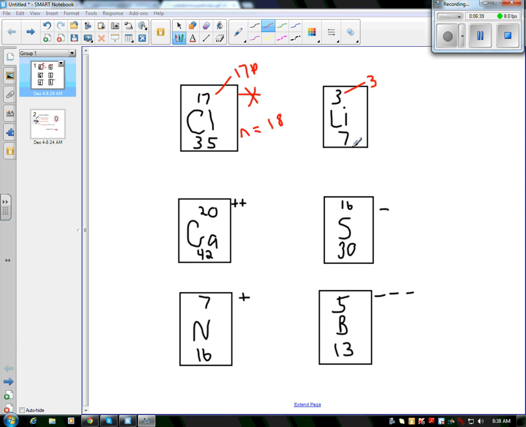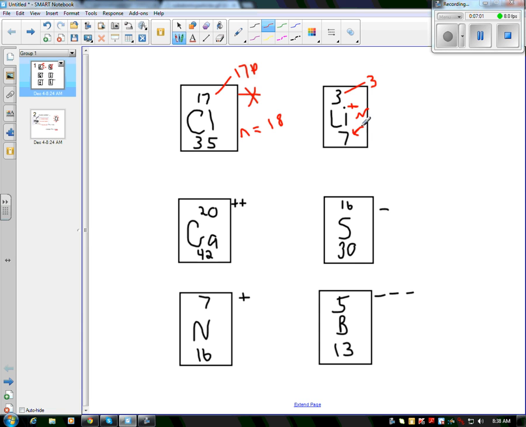All right. So 3 protons. We know that protons plus neutrons equals the atomic mass. So protons, which is right here, plus neutrons, which we don't have, equals this, right? We have said that many times.